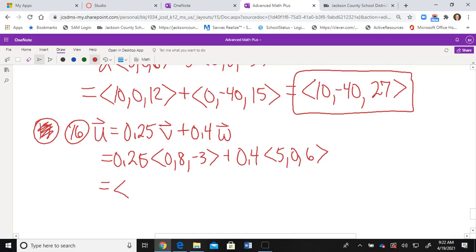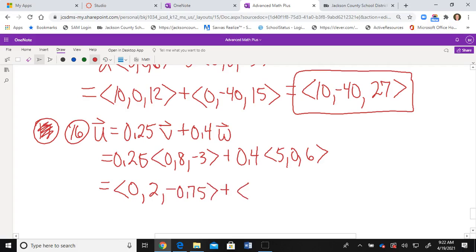That equals 0.25 of 0 is 0. 0.25 of 8 is 2. And 0.25 of negative 3 is negative 0.75.